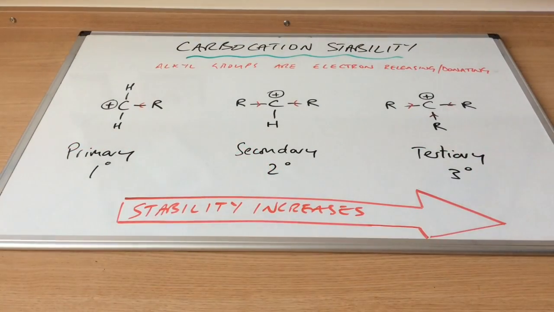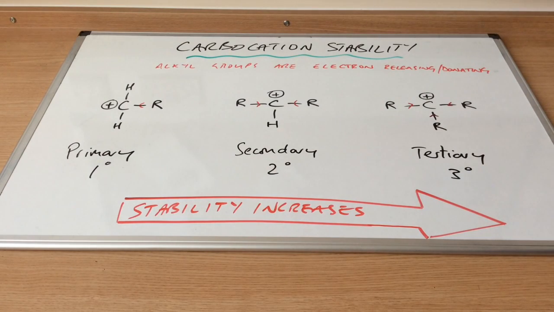So we'll summarise the relative stabilities of the different carbocations now. You can see there I've drawn up 3 carbocations, primary, secondary and tertiary. The R group just represents an alkyl group, and those red arrows are trying to show that the alkyl groups are electron releasing, or electron donating, as you might see in other books.